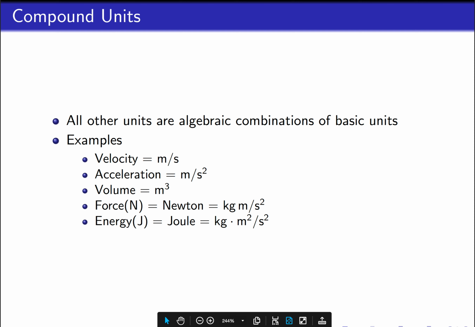We also have the quantity of volume, which is meters cubed, or we also say cubic meters. Force is expressed in terms of a unit called a newton, which is kilograms times meters per second squared. And finally, energy, where energy is expressed in a unit of joules, which is kilograms times meters squared over seconds squared.